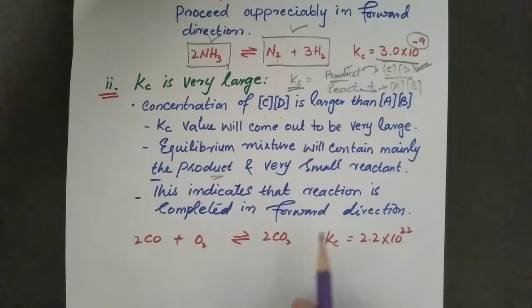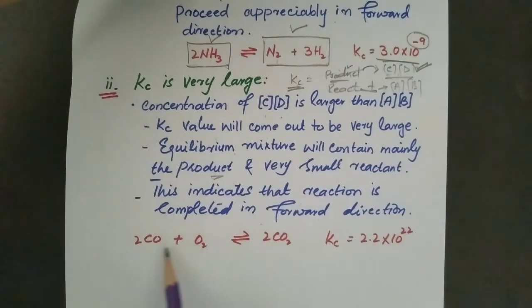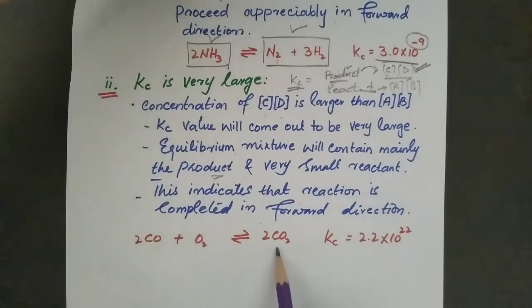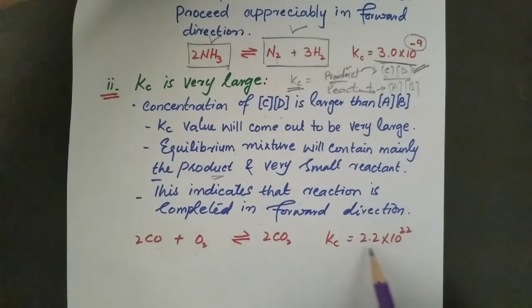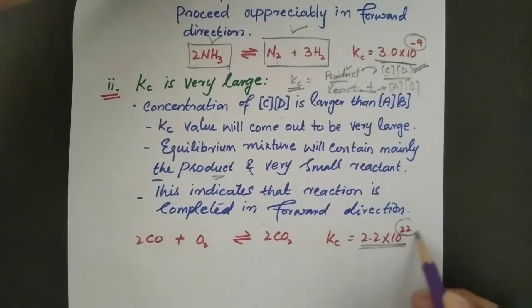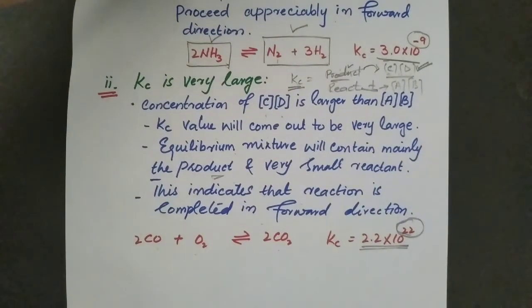It means most of the reactant is converted into the product and a very little amount of reactant is left behind to be reacted. There is an example: carbon monoxide reacts with oxygen to form carbon dioxide. The Kc value for this particular reaction is 2.2 × 10^22. This is a very large value.